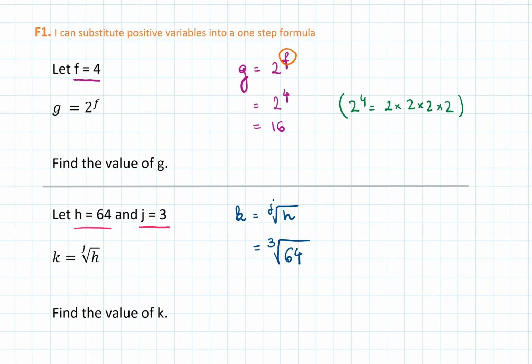Remember that finding the third root of something means we are trying to find a number which was multiplied by itself 3 times to give us 64. What was that number? It is 4. So the third root of 64 is 4. The value of k is 4.